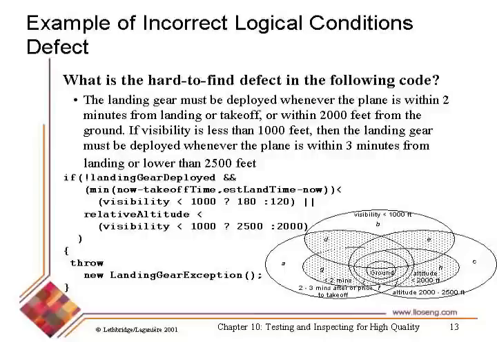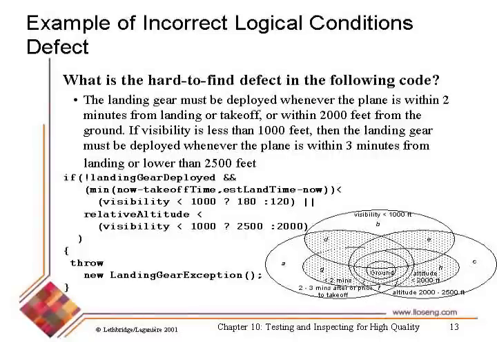And because the requirements have this condition, the condition is going to have to be embedded in the code. So what we're going to have to do is our testing to make sure that all possible combinations of valid and invalid values are taken account of. What I've done here is I've shown a Venn diagram on the bottom right of slide 13, where I have various regions where different combinations of conditions are true.